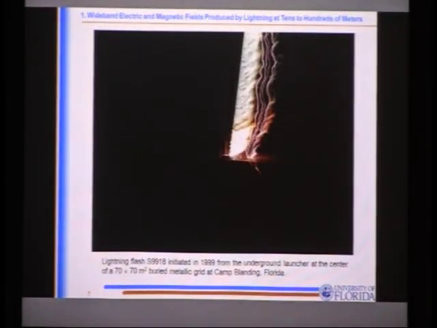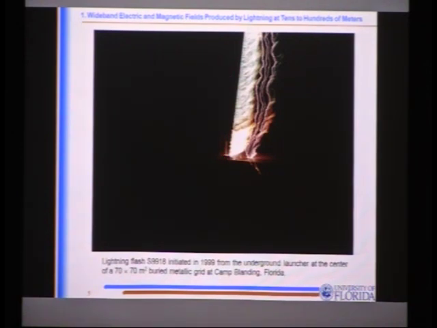Electric and magnetic fields at distances of the order of tens to hundreds of meters are usually measured for rocket-triggered lightning. However, there are some measurements for natural lightning as well. What you see here is a still picture of rocket-triggered lightning at Camp Blanding, Florida. And you can see about 10 meters of the channel.